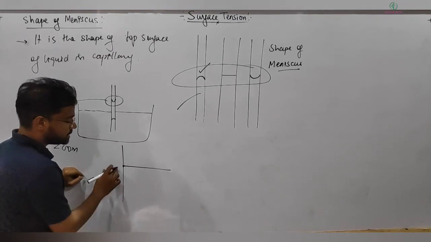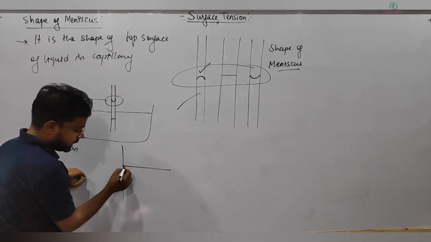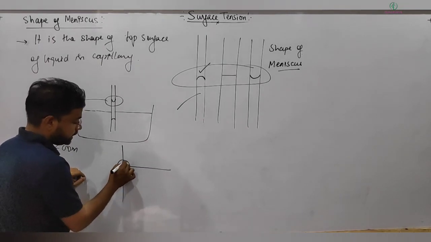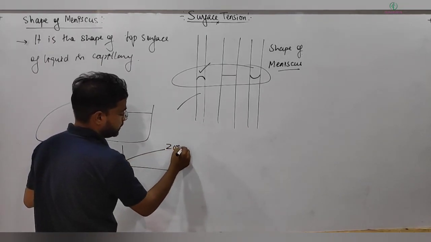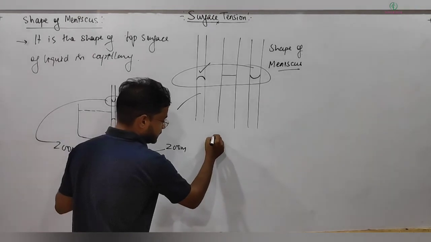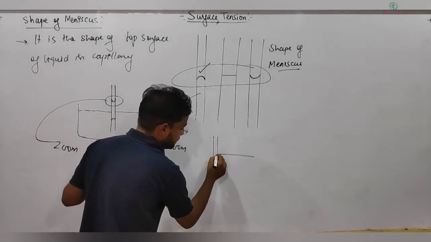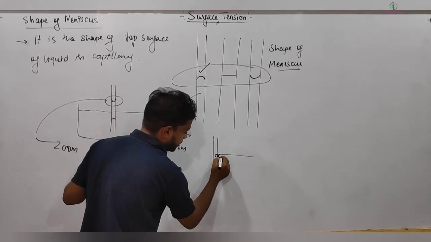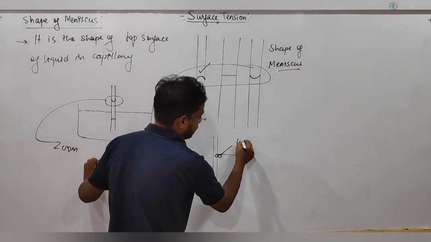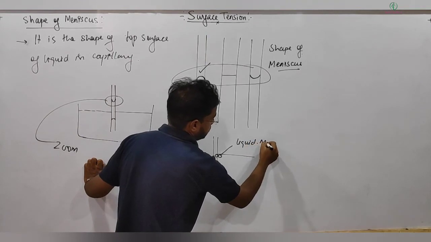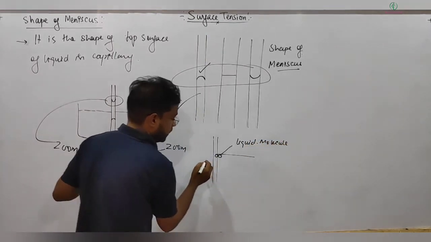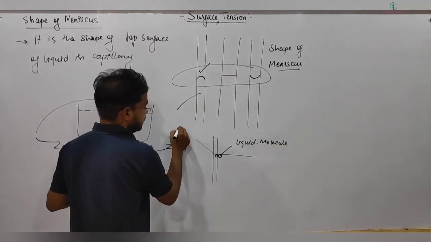Let's say this is the capillary and this is your liquid. There will be some molecules of the capillary or glass and some liquid molecules in contact. If we zoom in, this is an atom of the capillary, this is a liquid molecule, and this is a glass tube molecule.